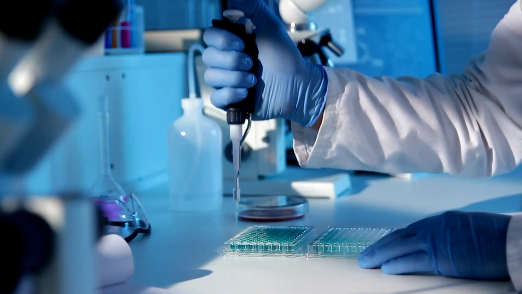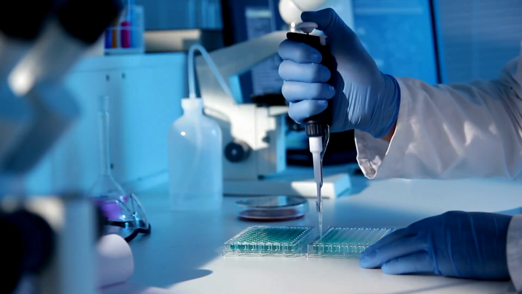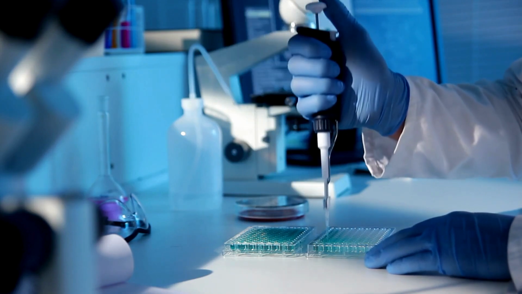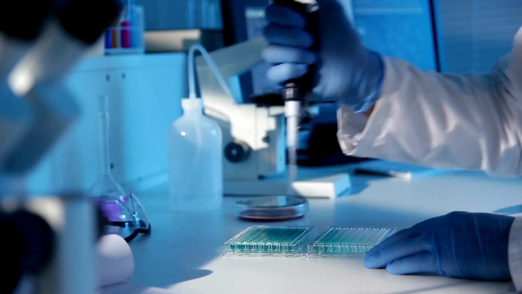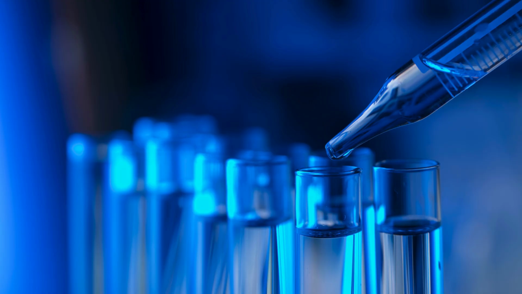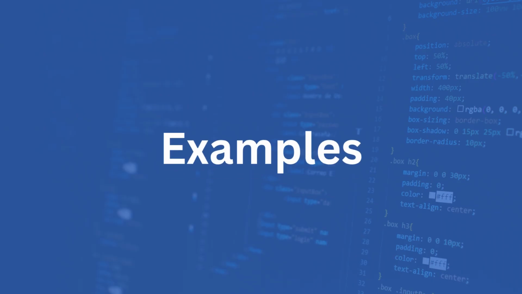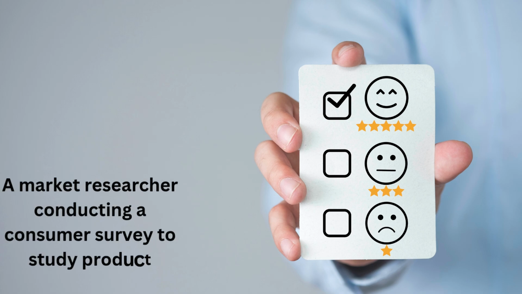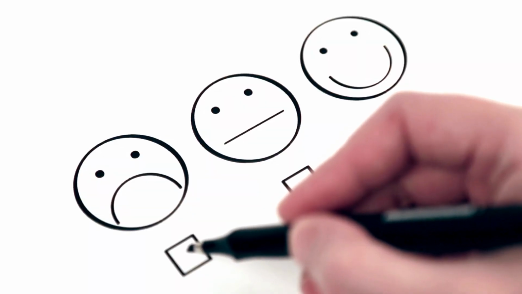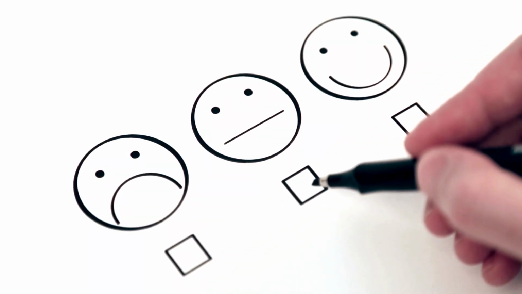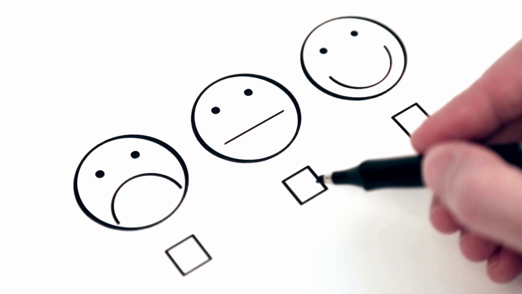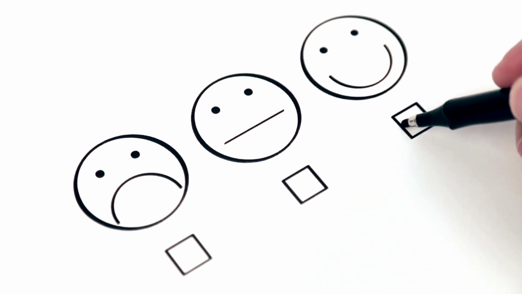So an experiment basically goes with a laboratory or simulated environment. In this environment, a researcher or scientist tests a specific behavior, which is termed a hypothesis. For example, a market researcher conducting a consumer survey to study product satisfaction. It can be collected with the help of a survey or questionnaire easily.